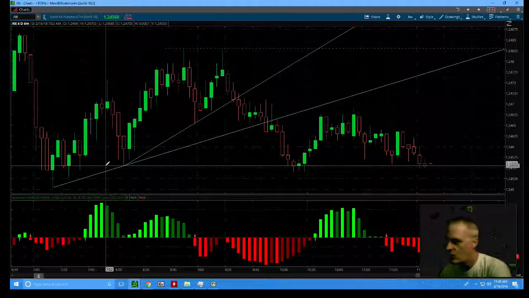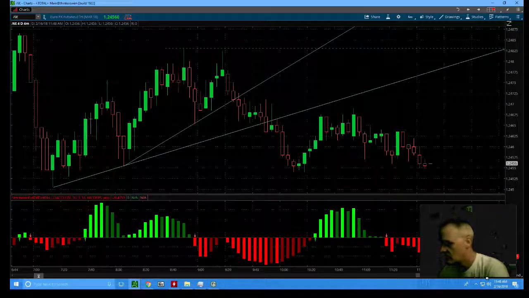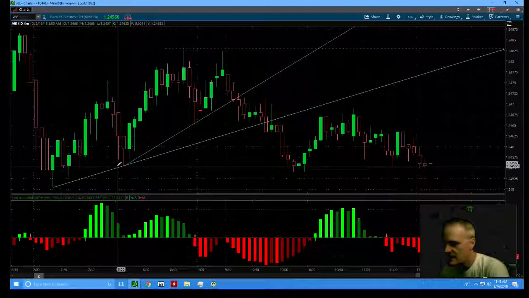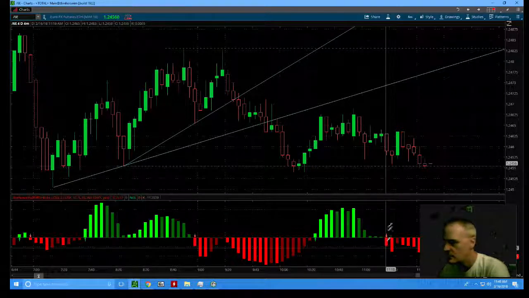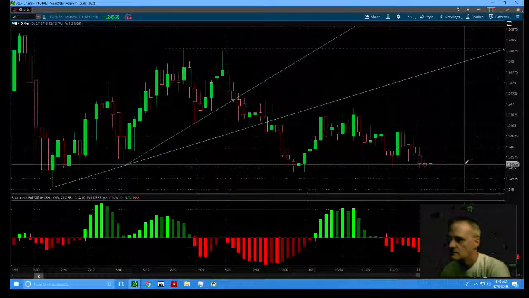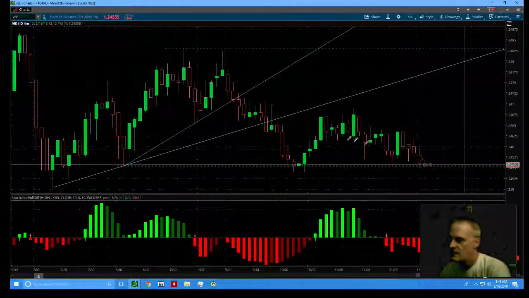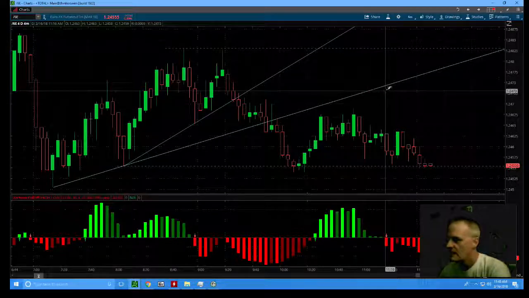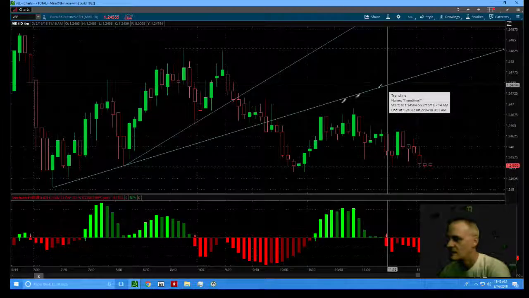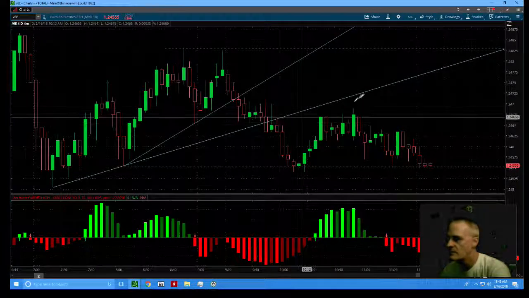So where the euro is right now, actually, is it's retesting this level of support. It just did. And so this is a situation where having this still on the chart could be helpful, because previous support becomes future resistance.